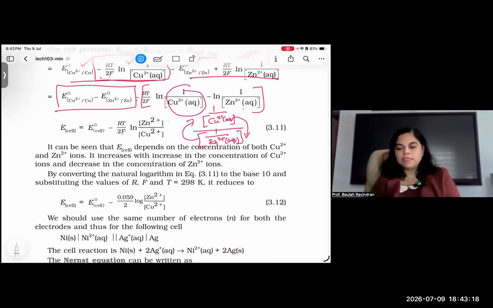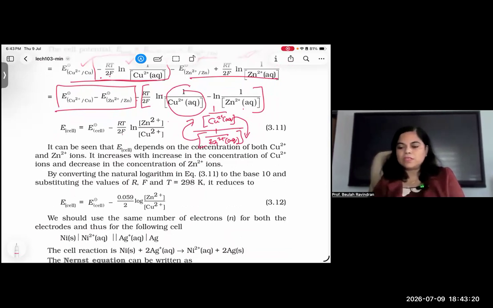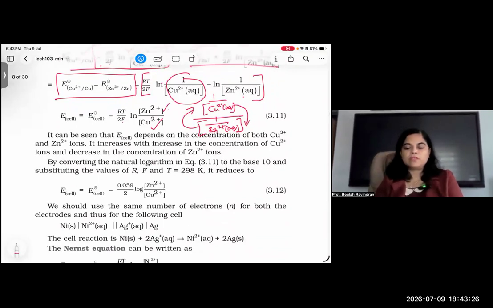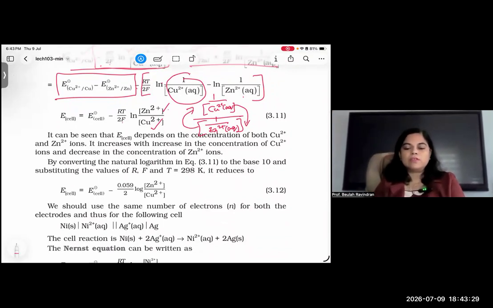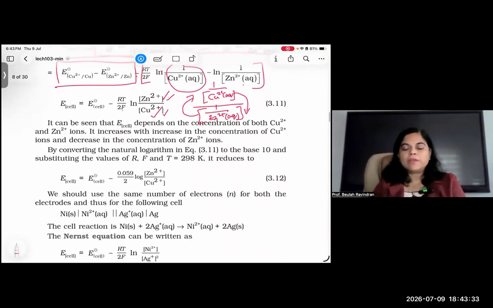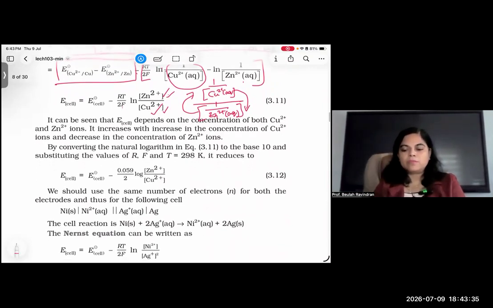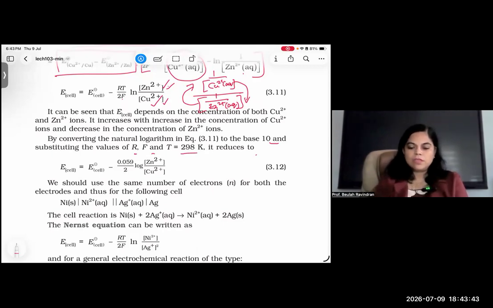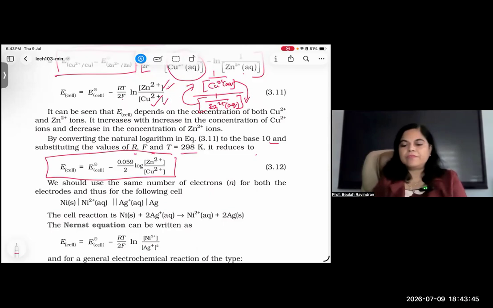It can be seen that the E cell depends on the concentration of both copper 2 plus and zinc 2 plus ions. It increases with an increase in the concentration of copper 2 plus ions and decreases with an increase in the concentration of zinc 2 plus ions. By converting the natural logarithm to base 10 and substituting the values of R, F, and T equal to 298 Kelvin, it reduces further to this. I'll explain how to do everything.